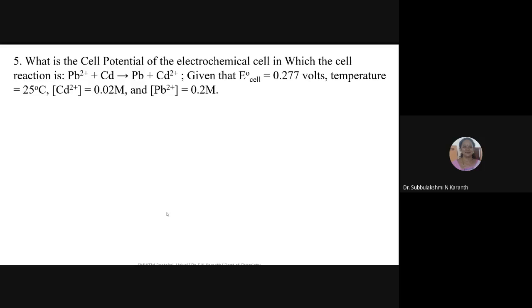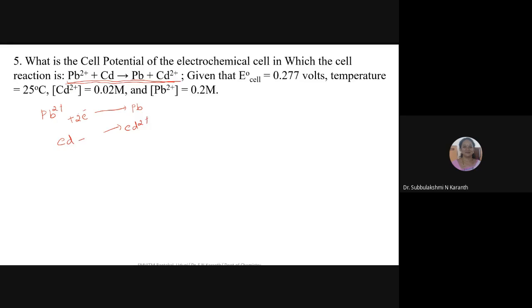Here, from this cell reaction itself, you can predict anode and cathode. Even in the previous problem, from the cell reaction, you can predict anode and cathode. Here, in the cell reaction you can see Pb2+ giving rise to Pb. That means it should consume 2 electrons. And the second thing is Cd giving rise to Cd2+.